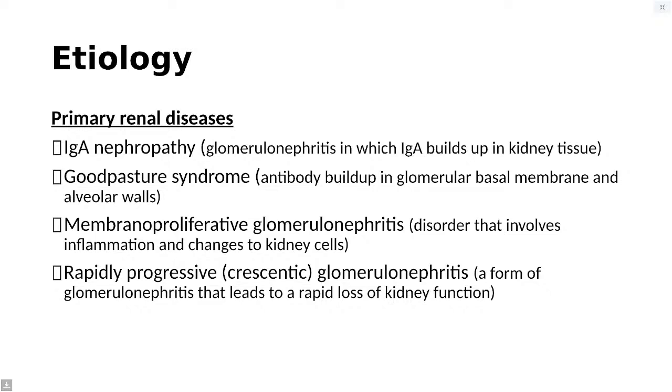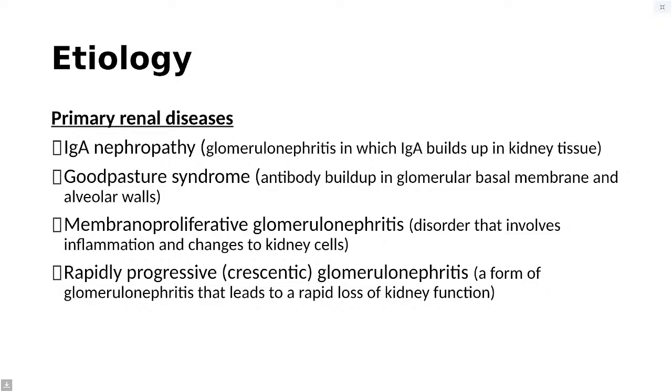The second group is primary renal diseases. The first is IgA nephropathy, a glomerulonephritis in which IgA builds up in kidney tissue. The second is Goodpasture syndrome. There is antibody buildup in the glomerular basement membrane and alveolar walls.